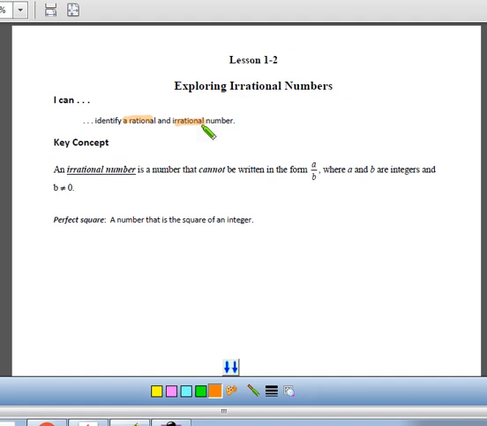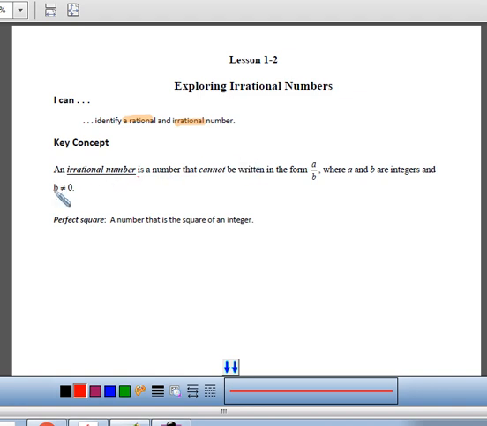The key concept here is that an irrational number is a number that cannot be written in the form of a over b as a fraction, where a and b are integers, and obviously the denominator is not equal to 0. So the big idea here is it cannot be written in the form of a over b. There is something else I want to add to this.